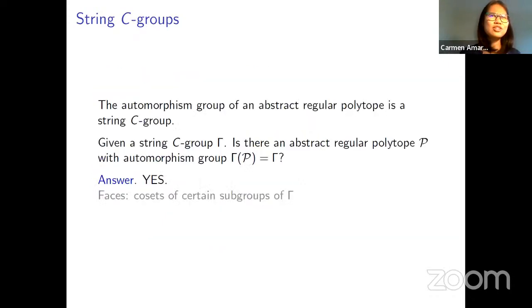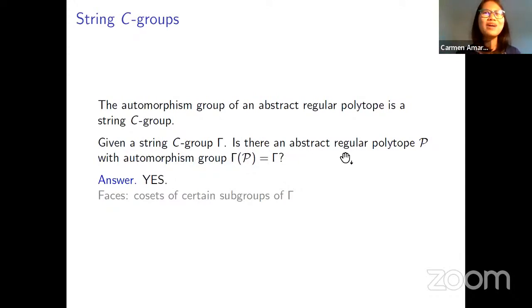What is the connection between string C groups and abstract regular polytopes? So our previous remarks show that the automorphism group of an abstract regular polytope is a string C group. We can turn that concept around and ask, suppose we start with a string C group gamma.